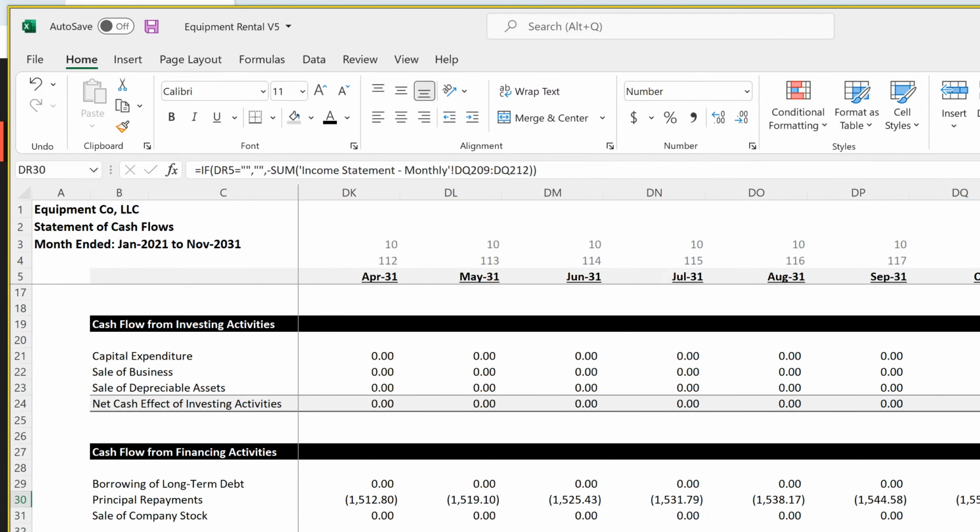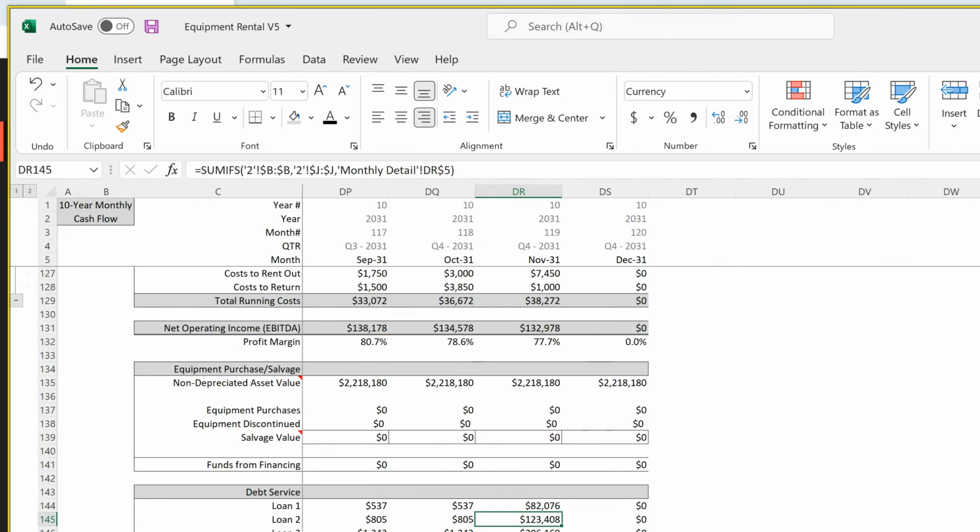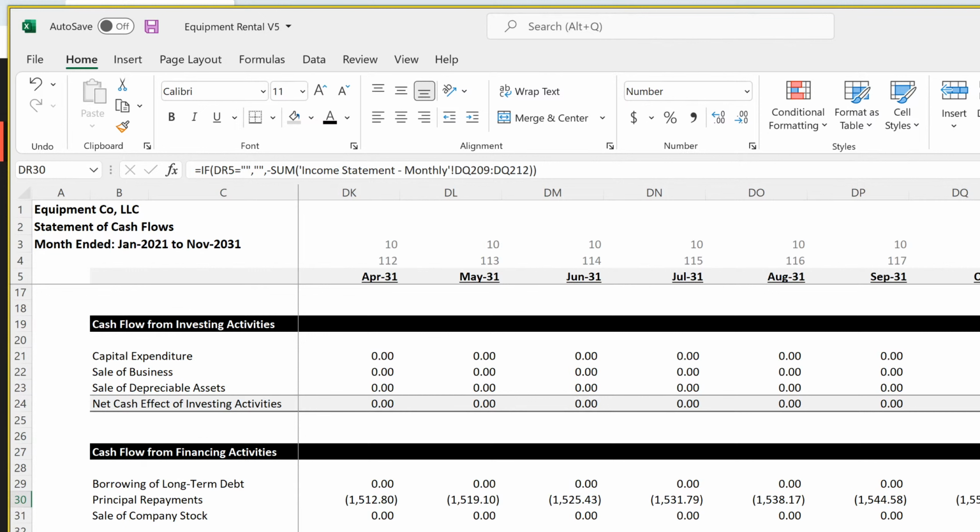Principal repayment 656. This has 659. Slightly different. I don't actually know how that's possible. Let's see, DQ 209 to DQ 212.